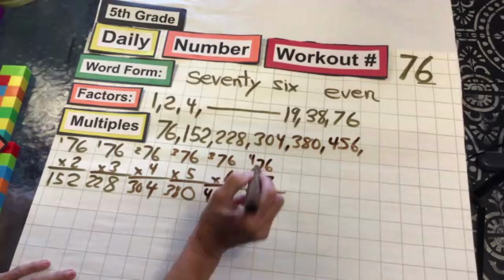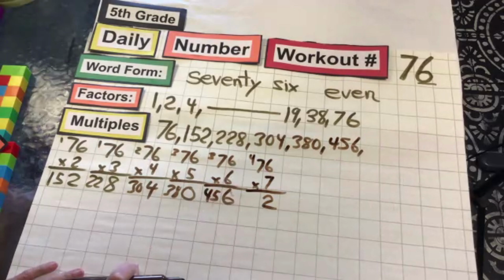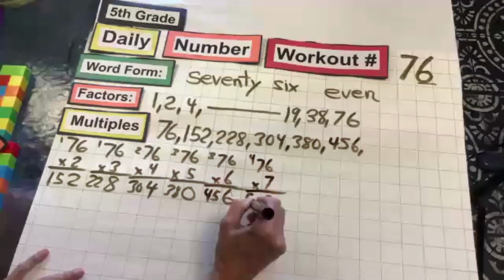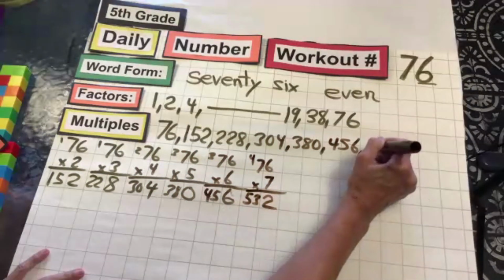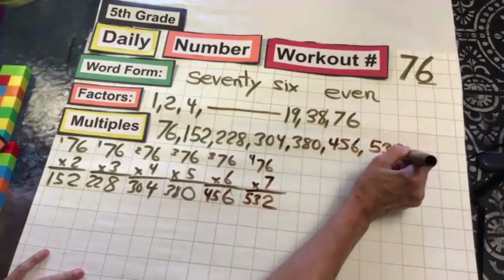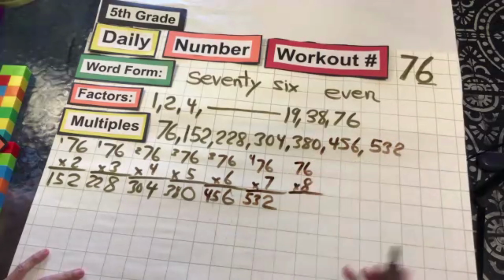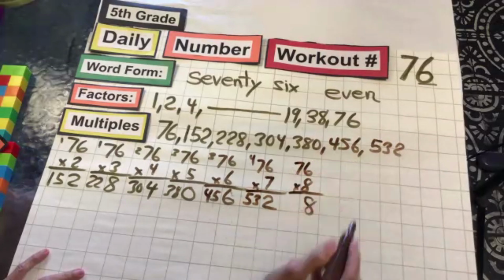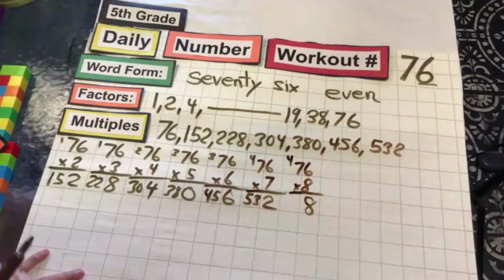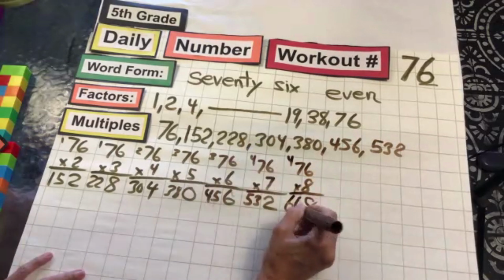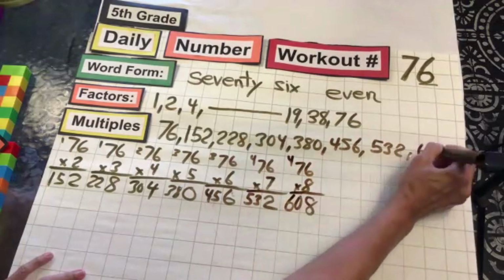Drop the 2, carry the 4. 7 times 7 is 49, plus 4 is 53. 532. 8 76s. 8 times 6 is 48. Drop the 8, carry the 4. 8 times 7 is 56, plus 4 is 60. 608.